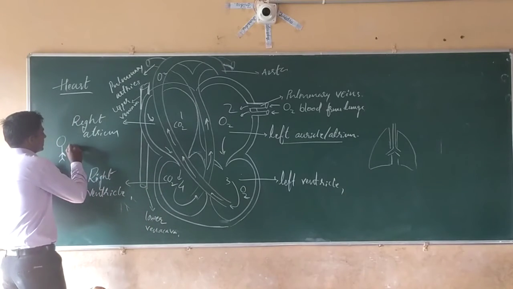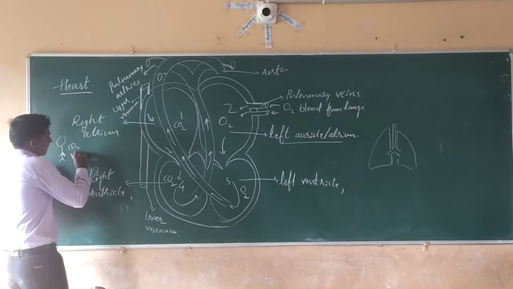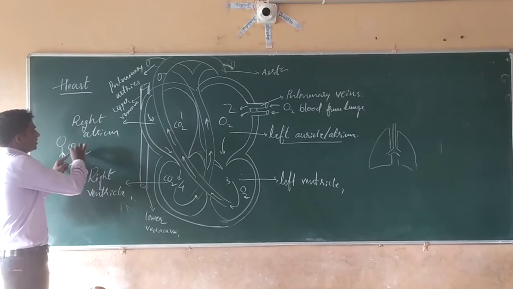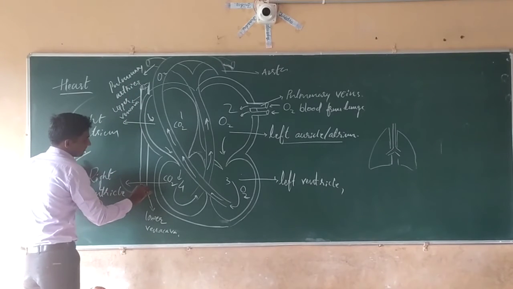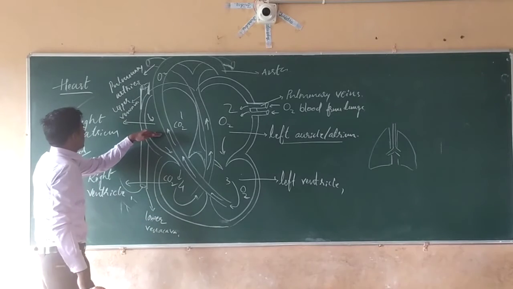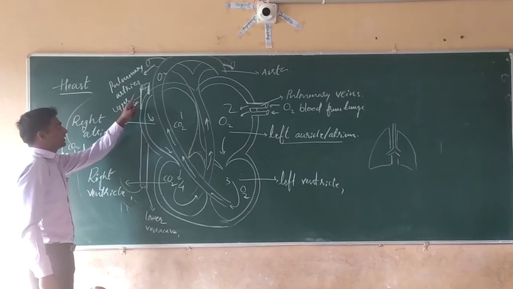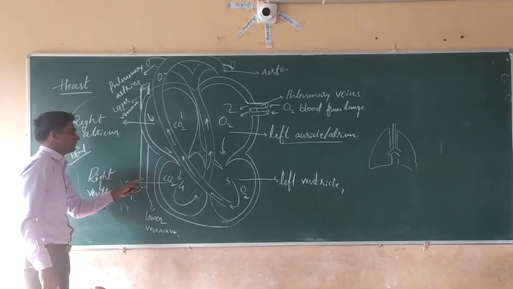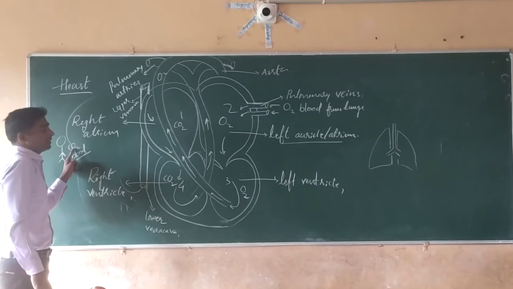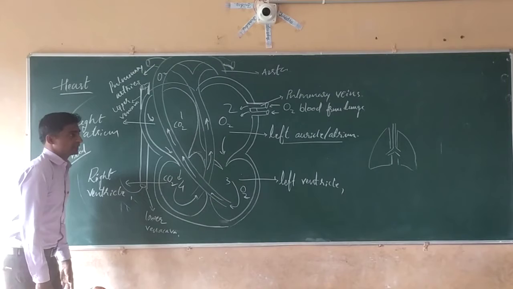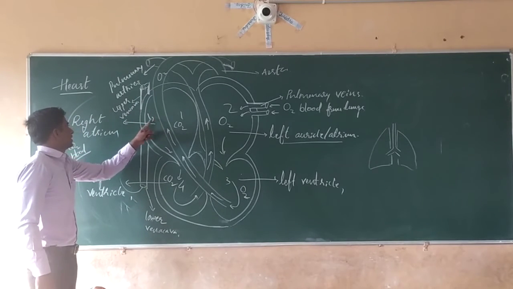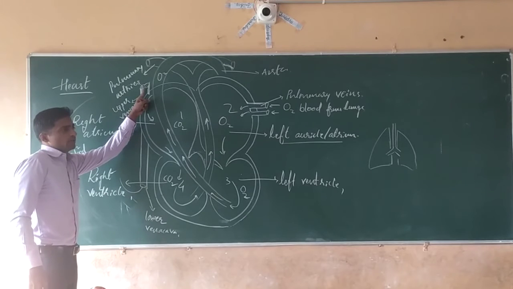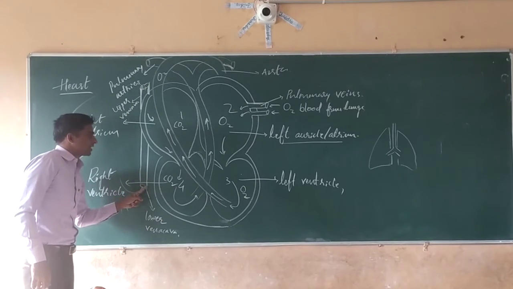First, blood, which blood? That is carbon dioxide-rich blood from the body. It will enter the heart by this way. With the superior vena cava and inferior vena cava, the carbon dioxide-rich blood from the different parts of the body will enter the right atrium through the superior vena cava and inferior vena cava.